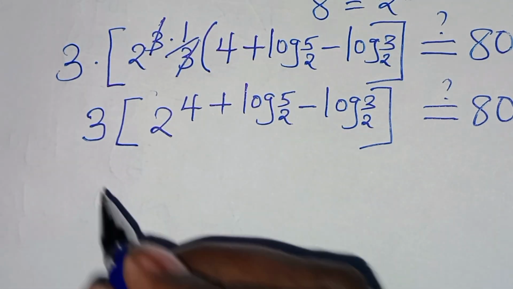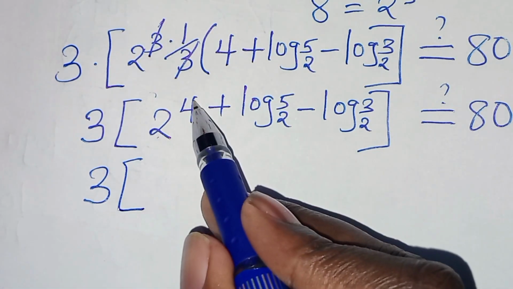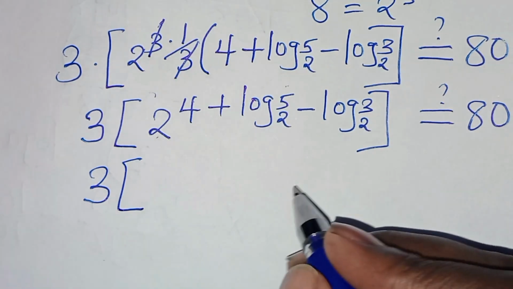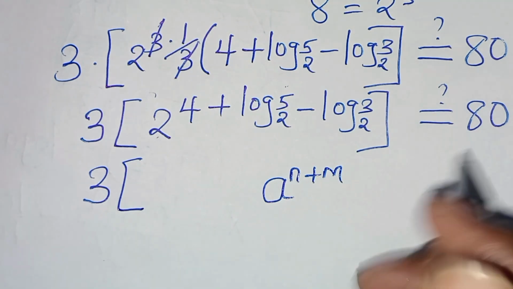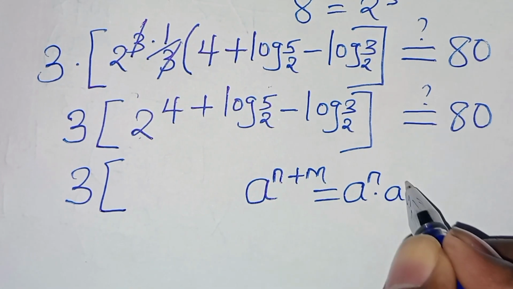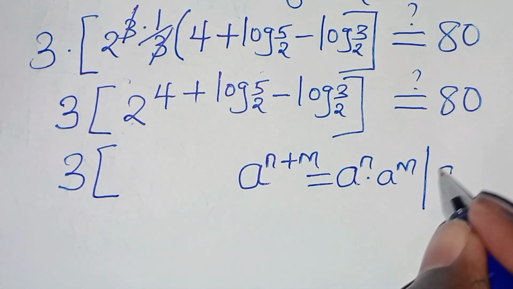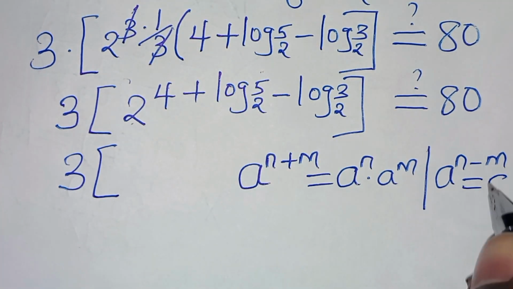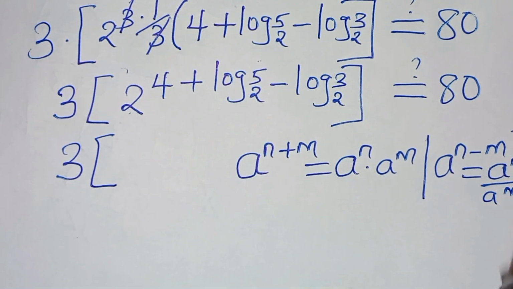The next step from here, we have 3 into the parentheses, 2 to the power 4 plus log 5 to base 2 minus log 3 to base 2. This is in the form of a to the power n plus m, which we can express as a to the power n times a to the power m. This is again in the form of a to the power of n minus m, which we can also express as a to the power of n divided by a to the power of m.